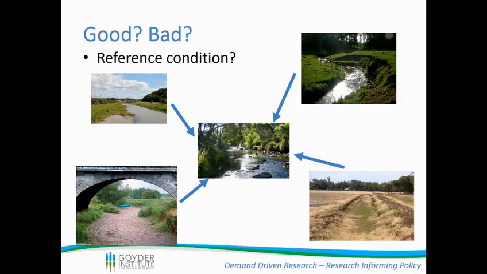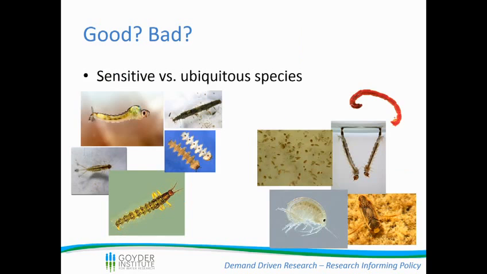There are too many hairs on it when you dig into it in a really detailed sense, trying to actually define reference condition. Arguably there are very few reference condition systems left anywhere in the world. Certainly in South Australia we have one river which is contained fully in a national park, on Kangaroo Island, which, I'm not too sure how well that relates to the Mount Lofty Ranges.